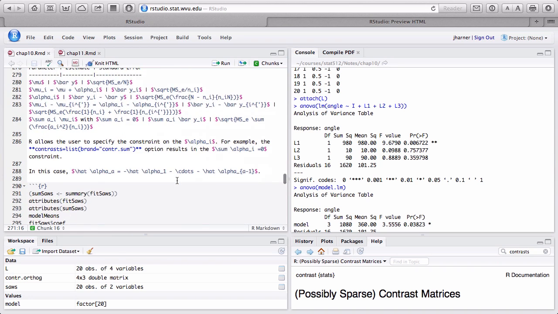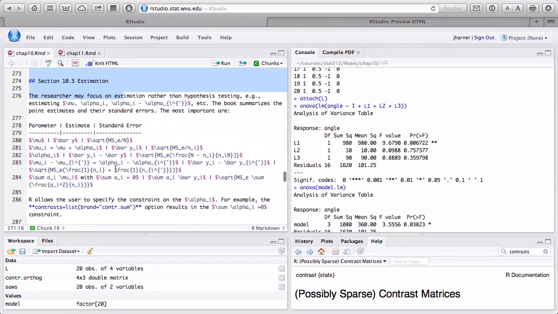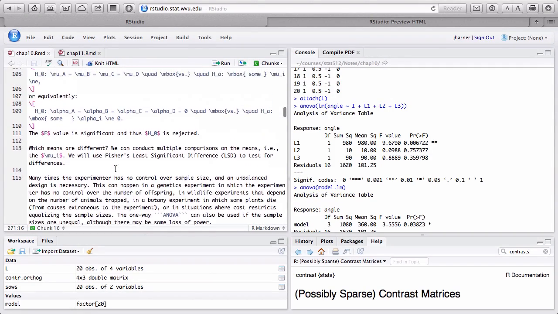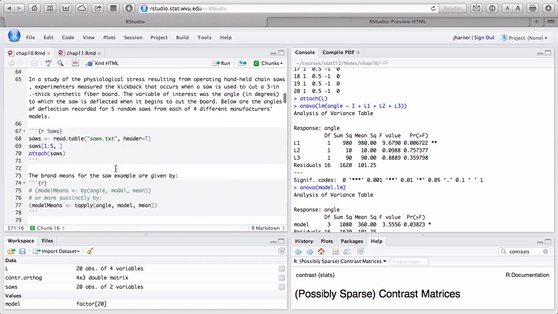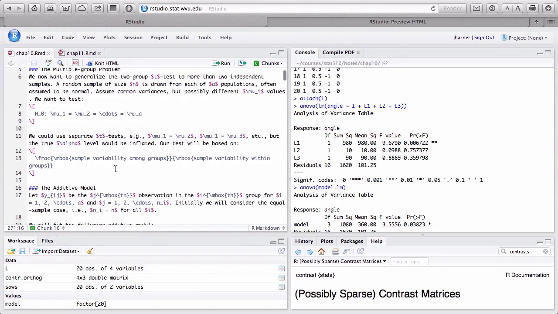Okay, when we got to estimation, one of the key things I wanted to do is go back and see where they define fit solves.